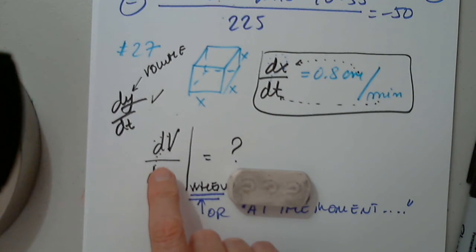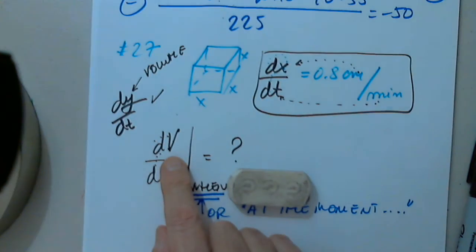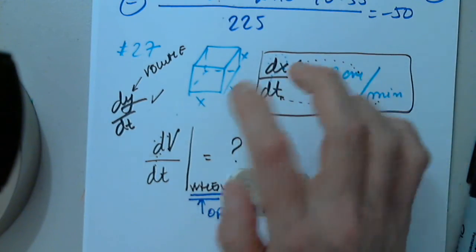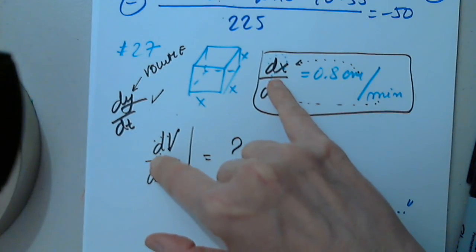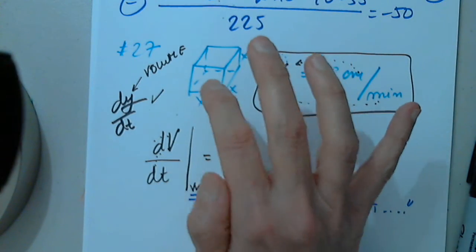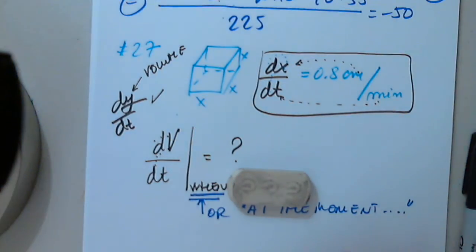So I have to find the volume of the cube first to differentiate it. I know that the volume will change. I know that the side will change. I know that these two are functions of time, and they are related somehow. But I have to start with the basic formula of the volume of a cube.